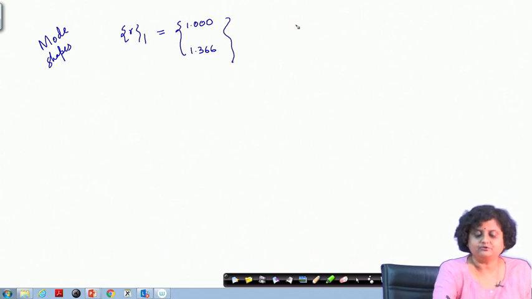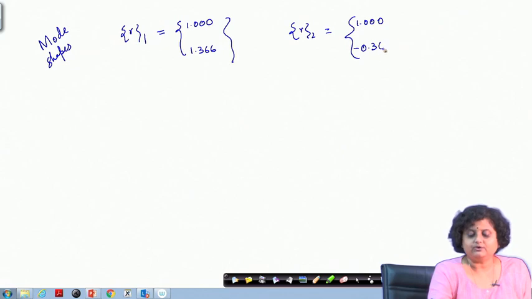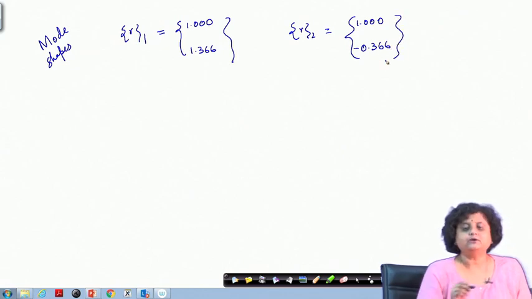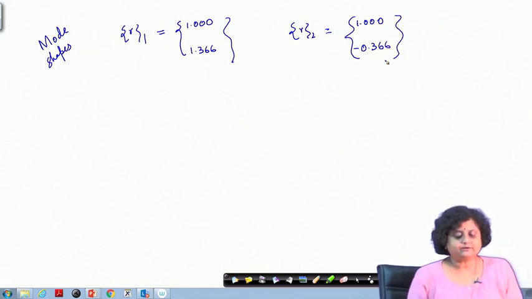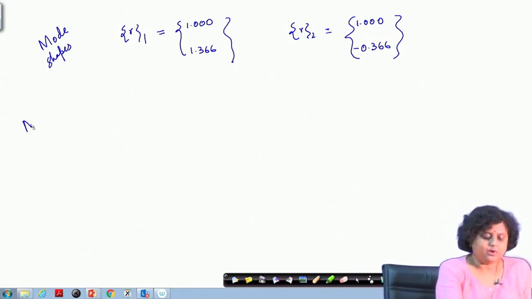So, this is the first mode shape, and the second mode shape is given as 1.0 and minus 0.366. These are not mass normalized. So, let us first mass normalize these mode shapes. Mass normalization of mode shape.